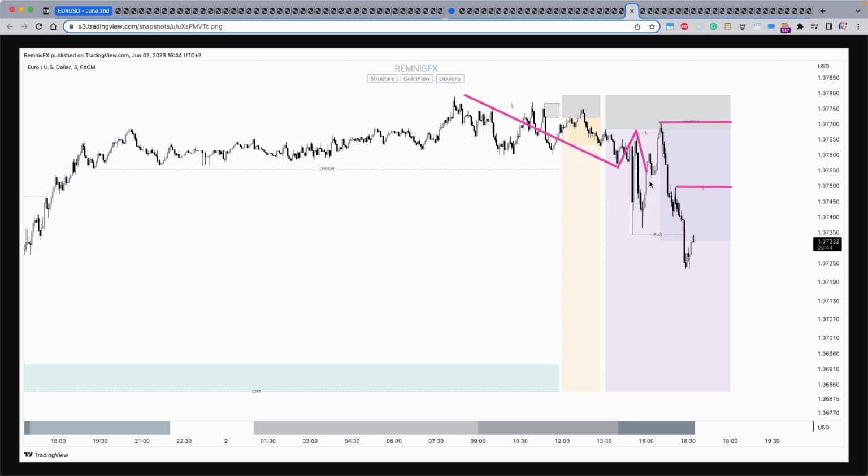Something like this, right? Yeah, this here. So 4-hour and 15 minutes, because now 15 internal inducements, major inducement here got taken out, and now this here, major inducement, this here, internal inducement from this swing, range low, range high, right?